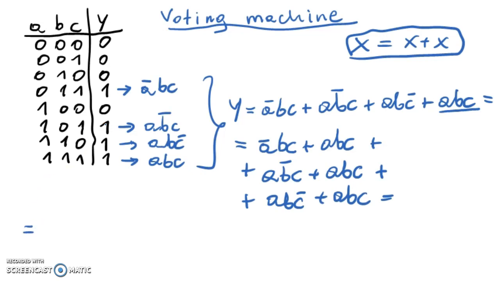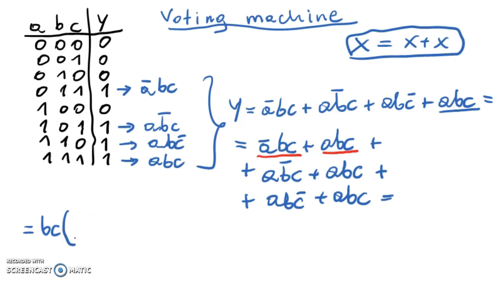But starting from right now, I can make use of distributivity and factorize out BC from the first pair. I will use another color, let's say a red one. This and this can be factorized.